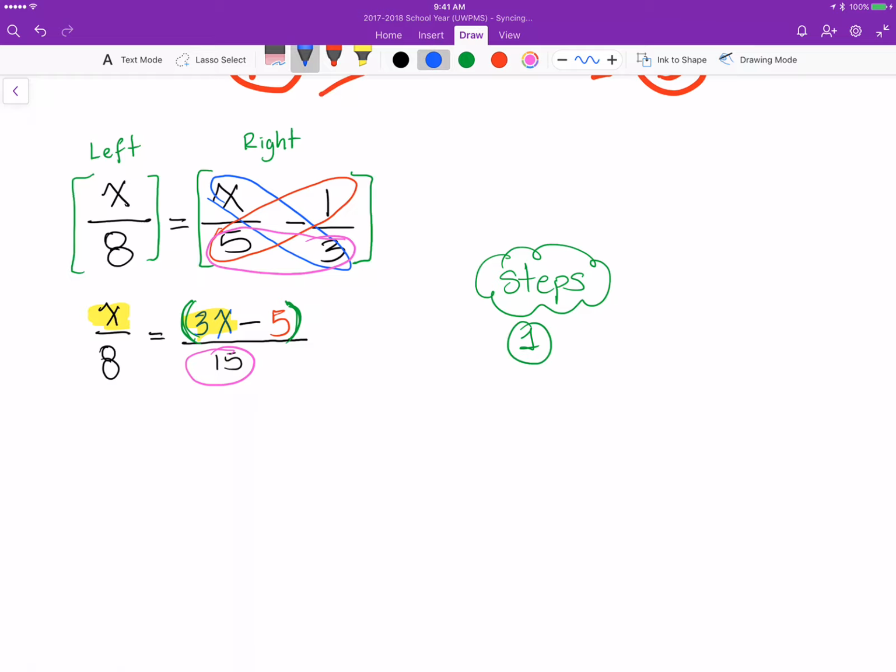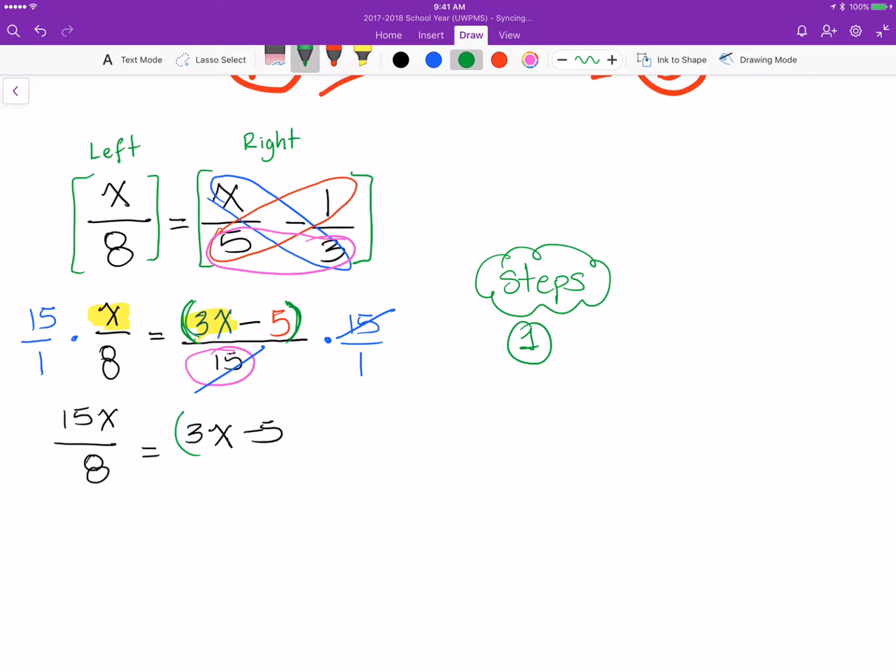I just don't like it. So let's multiply by the inverse, on both sides. This cancels by design. So now I have 15x over 8 equals 3x minus 5.